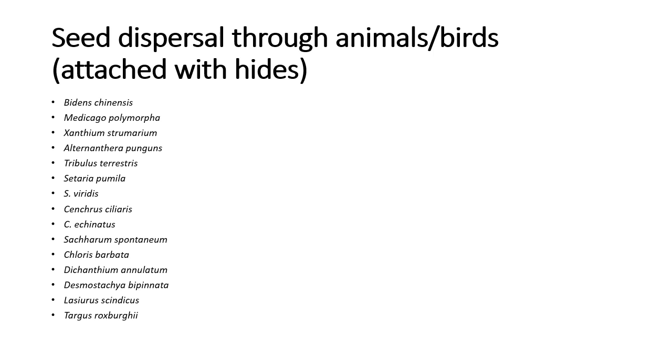So these include Bidens chinensis, Medicago polymorpha, Xanthium strumarium, Alternanthera pungens, Tribulus terrestris, Setaria pumila, Setaria viridis, Cenchrus ciliaris, Cenchrus echinatus, Saccharum spontaneum, Phleum, Dichanthium annulatum, Desmostachya bipinnata, Lasiurus scindicus, Tragus roxburghii, even Typha. There are various species of Typha.